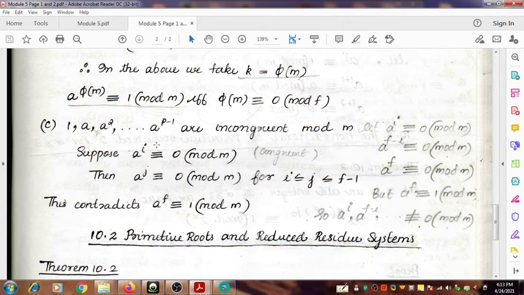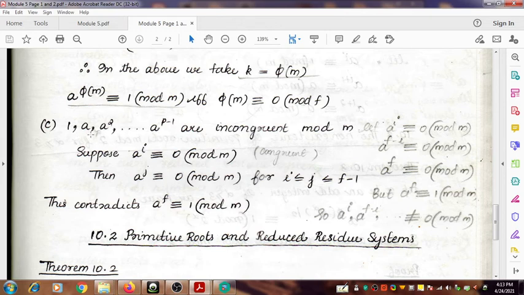Suppose that they are not incongruent mod m. That means when we divide some of these powers by the number m, you are going to get the same remainder, right? So think about that situation. These are continuous powers of a.